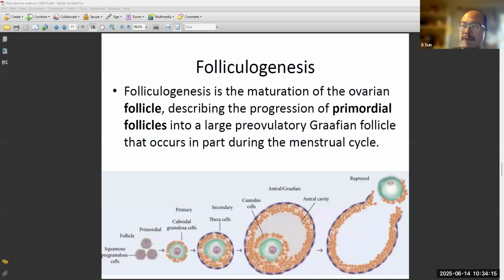After puberty, the female starts to have folliculogenesis, and this shows you the folliculogenesis that transforms from the primordial follicle to primary to secondary to Graafian. Graafian is the most mature one toward ovulation.